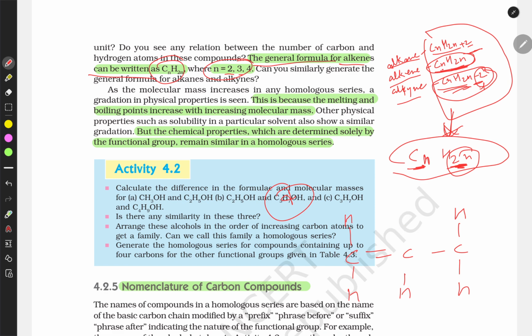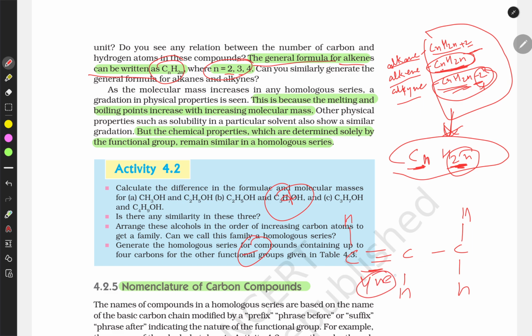So one hydrogen atom has been removed. We need to remove one more hydrogen atom. What will happen if we try to do this by removing this one? The middle carbon atom gets 5 bonds, so we cannot do this. Instead, we can make a triple bond here and remove one more hydrogen. This is how the triple bond is formed.